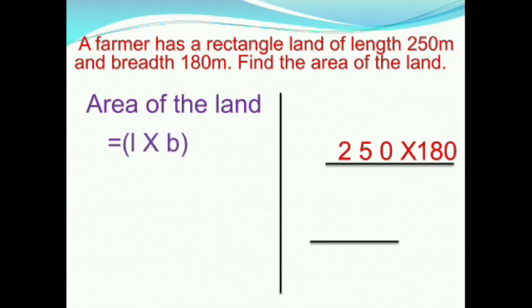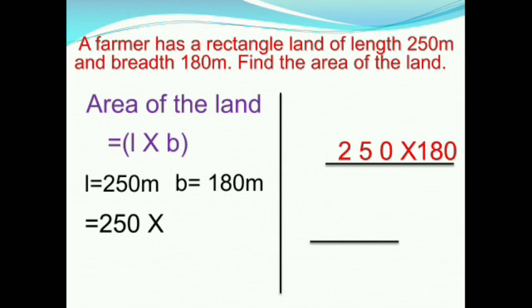Yes, L into B. L means length, B means breadth. What is the length of the land? Yes, length equals 250 meter. What is the breadth of this land? Yes, B equals 180 meter. Now we should multiply 250 by 180.